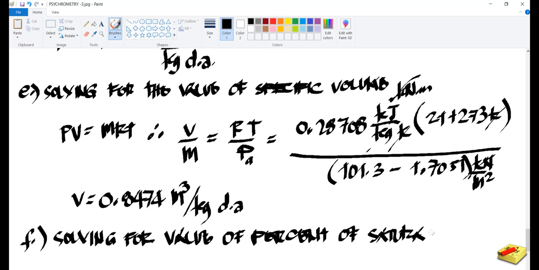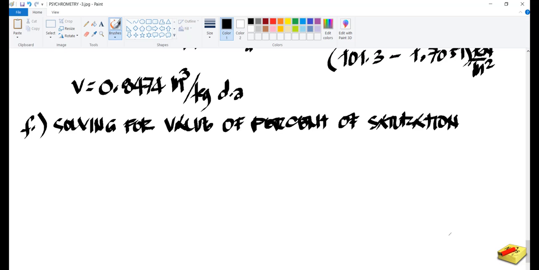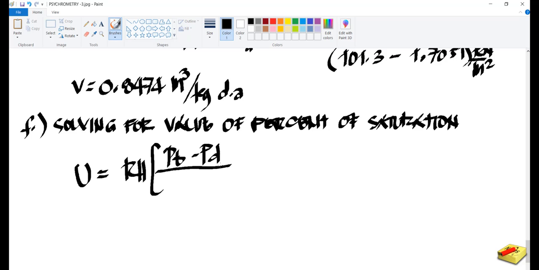Okay, so we have your equation, percent saturation, that will be the RH multiplied by total partial pressure minus the saturation pressure. Then we have your total partial pressure minus the partial pressure of vapor.